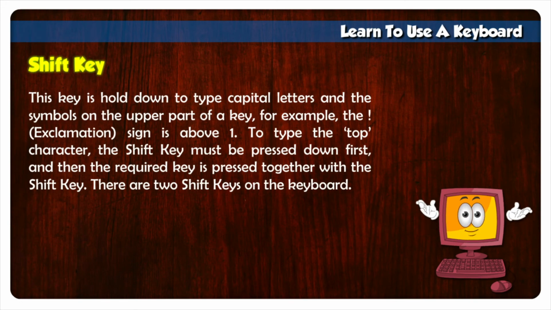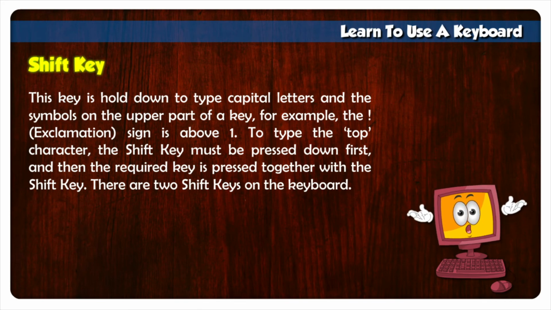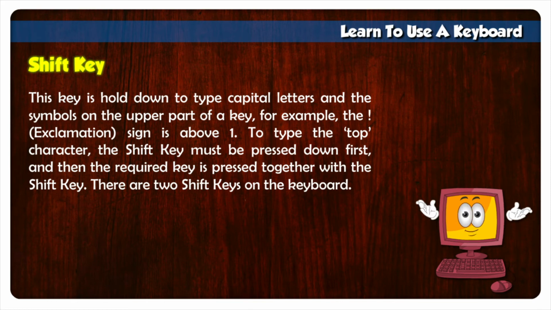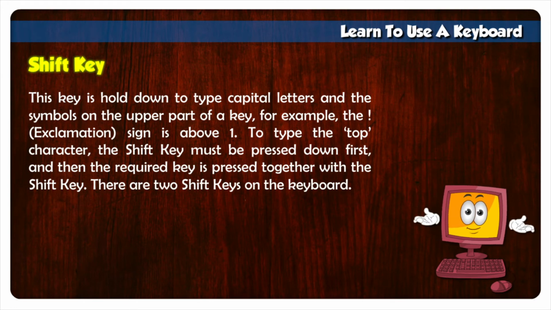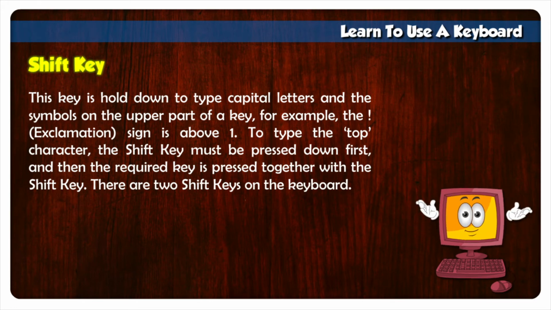Shift key. This key is held down to type capital letters and the symbol on the upper part of a key. For example, the exclamation sign is above 1. To type the top character, the Shift key must be pressed down first and then the required key is pressed together with the Shift key.